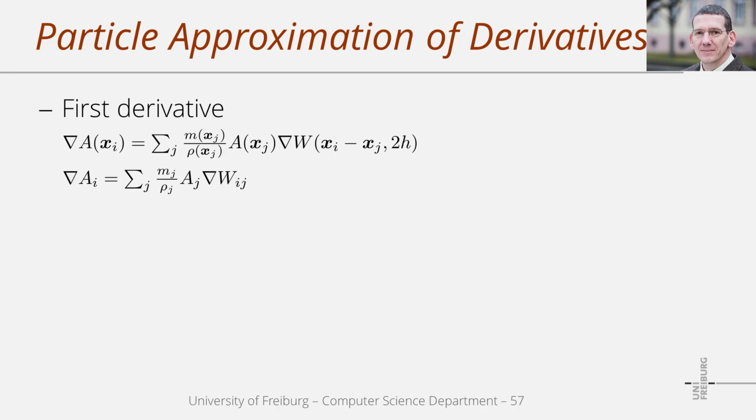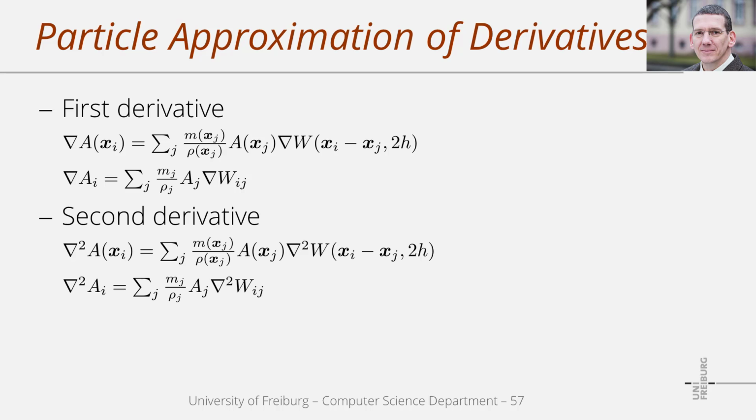Again, we see two possible notations for the kernel function. Now the same discussion holds for the second derivative, where we use the second derivative of the kernel function in the respective SPH sum. So we see that SPH allows us to compute spatial derivatives of a quantity A at arbitrary positions xi from irregularly sampled particles j.